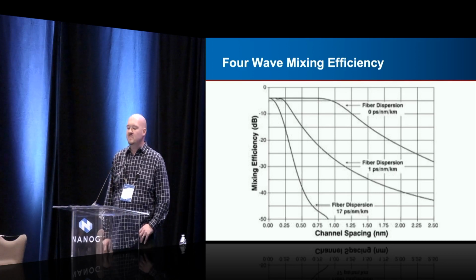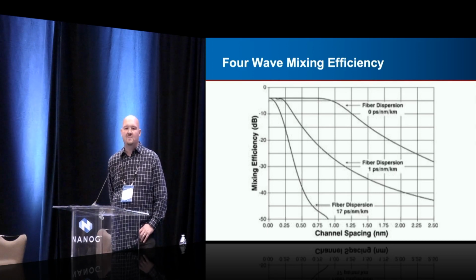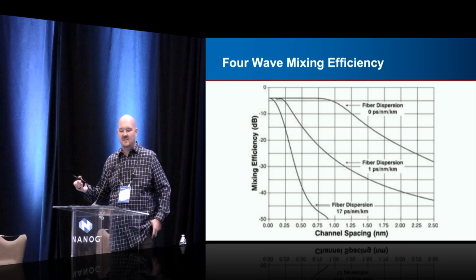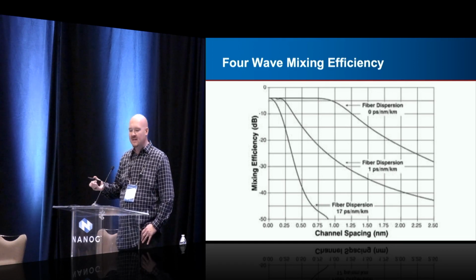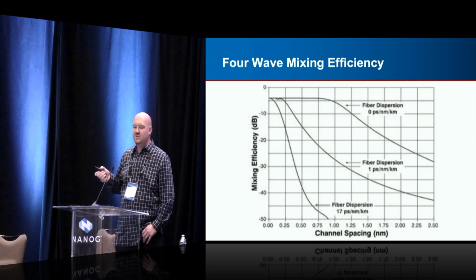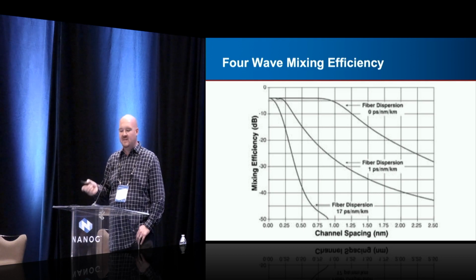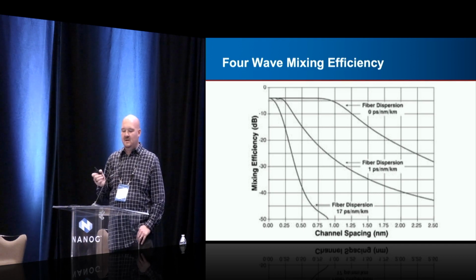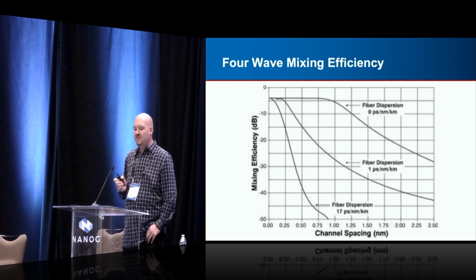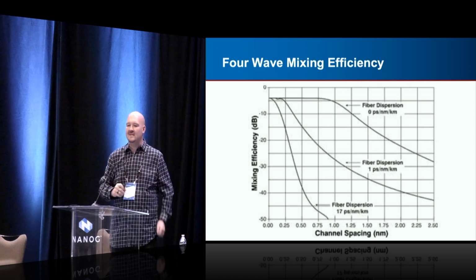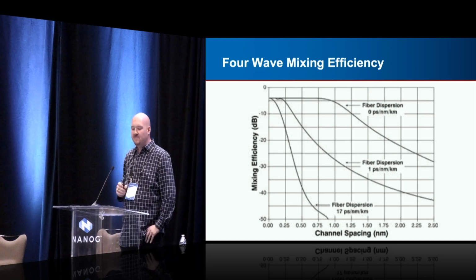But here's why that dispersion matters. This is what's called mixing efficiency. So this is how badly it mixes. There's 3 different slopes here, right? The lower one is regular SMF28 with your 17 picoseconds per nanometer per kilometer. And so you see a channel spacing, you've got this very, very inefficient mixing, like unless you are incredibly tight, it doesn't want to mix.